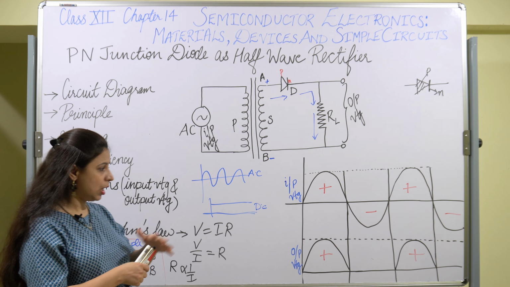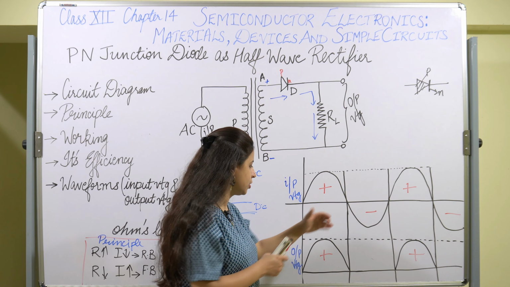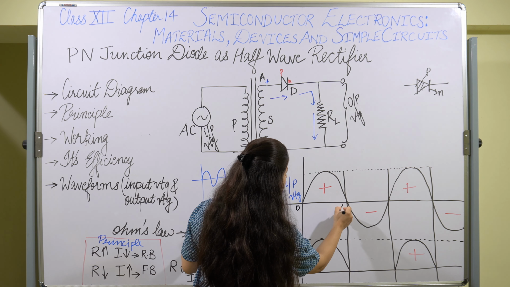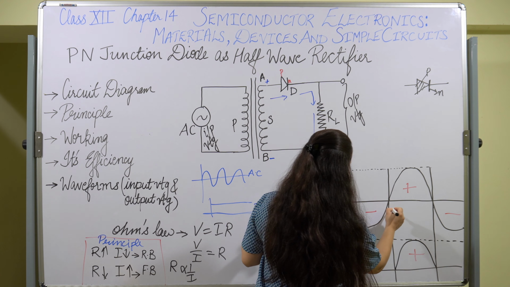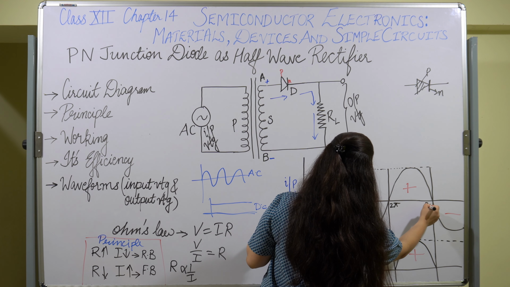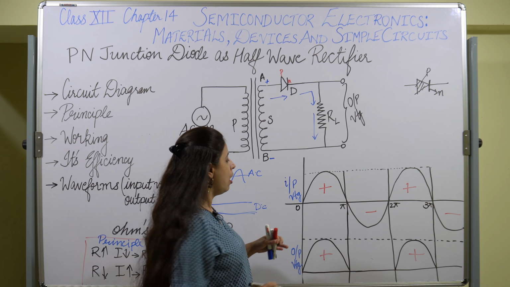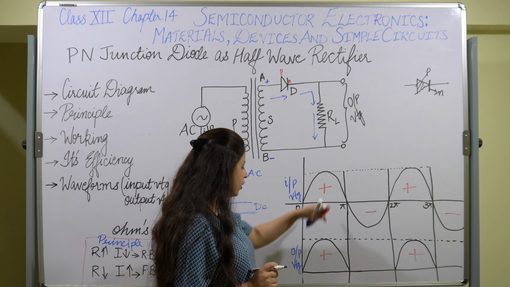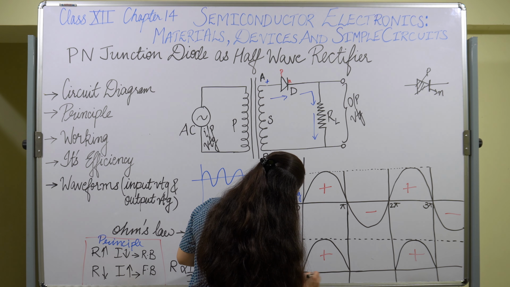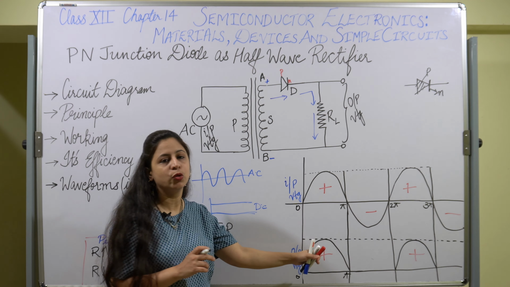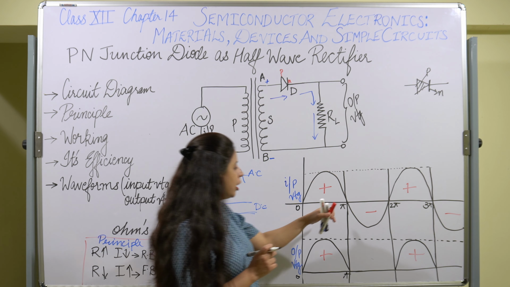Now let us mark 0, pi, 2 pi, 3 pi. From 0 to pi, my voltage is positive, so I have got my output voltage similar to my input voltage.